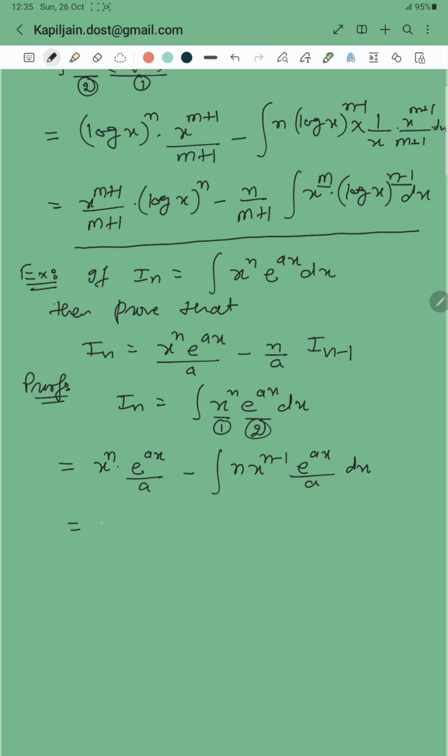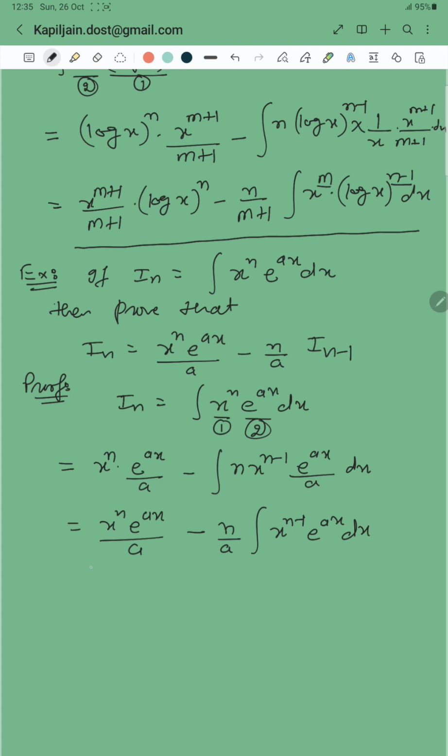Now this is x raised to power n e raised to power ax by a minus n by a integral x raised to power n minus 1 e raised to power ax dx.